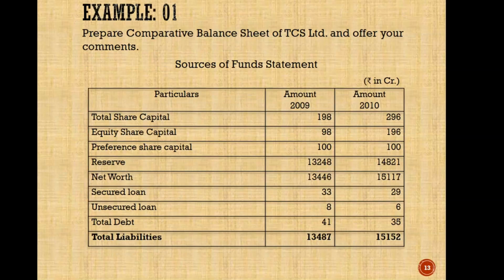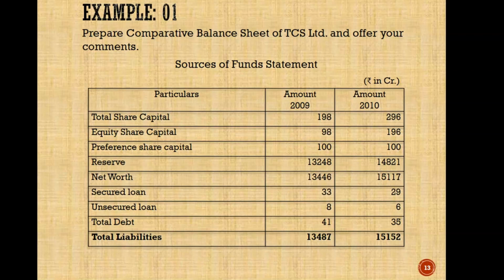Now, let us start with the first example, where it is expected that we prepare a comparative balance sheet of TCS Limited and offer our comment. In this example, you can see the information given is concerned with the sources of fund statement.